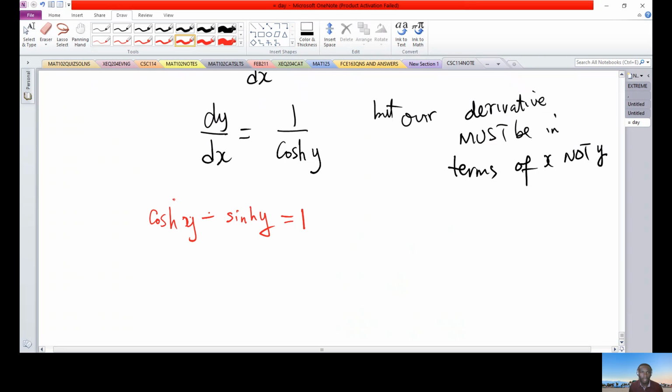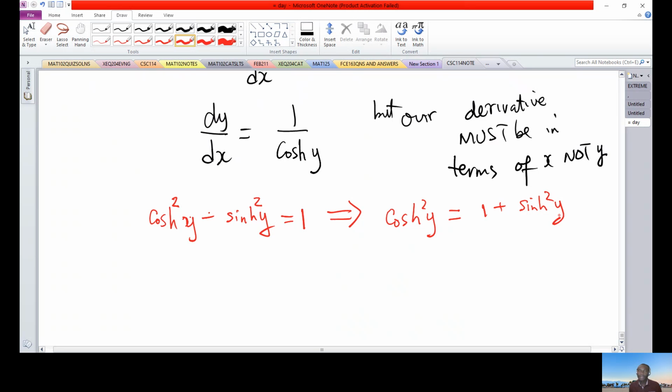The square of hyperbolic cosine minus the square of hyperbolic sine, that difference gives you 1. So don't forget this identity. From this one, it's clear that hyperbolic cosine squared of y will be given by 1 plus hyperbolic sine squared of y.